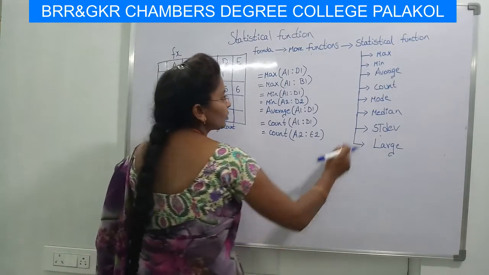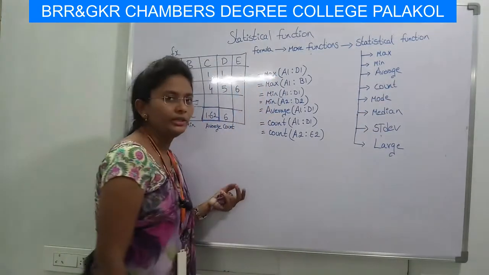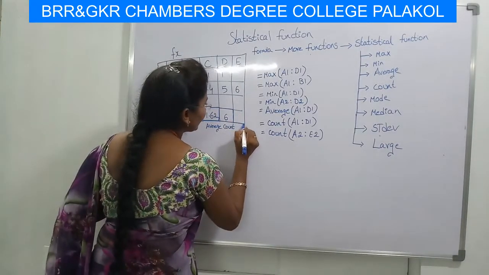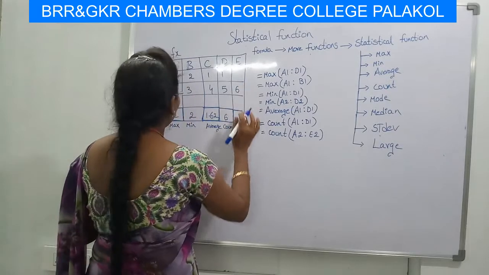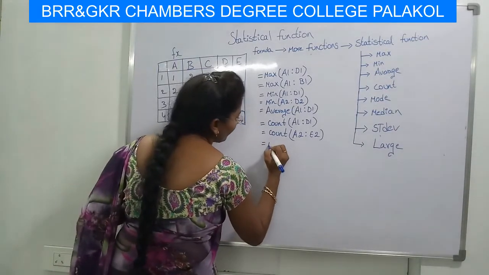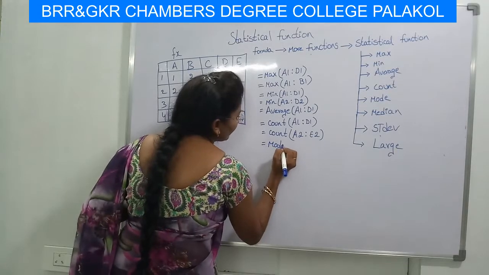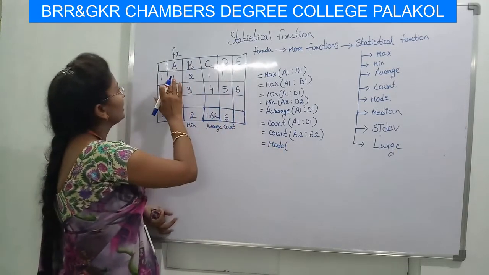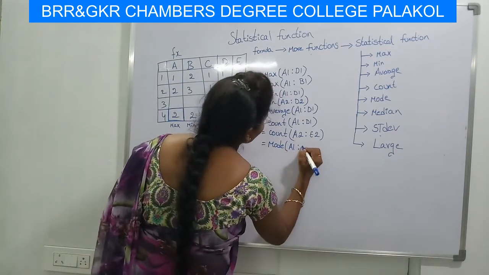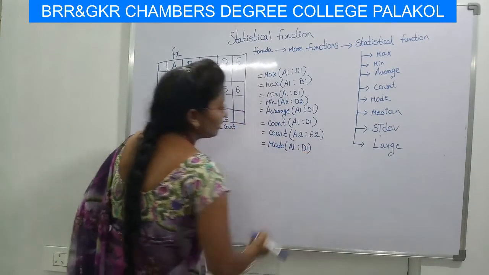And then the next function is the mode function. Here I am selecting the E4 cell and writing the formula. Mode, I want to take the A1 cell to D1 cell, that means the cell reference is A1 to D1.